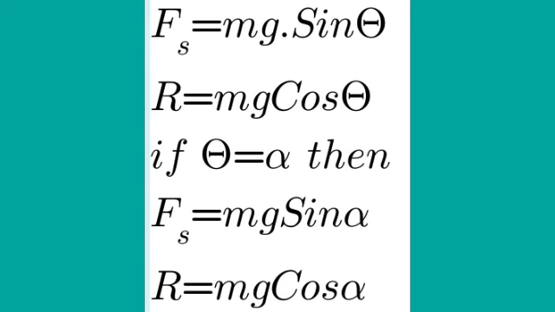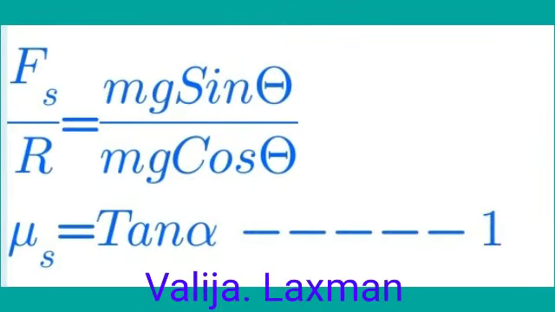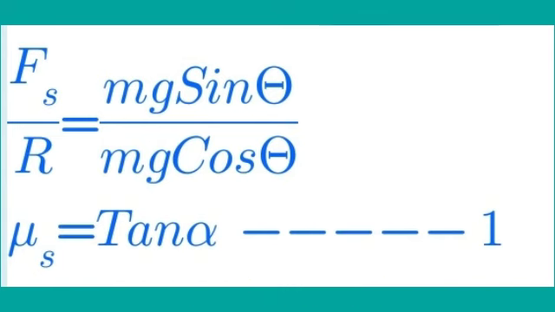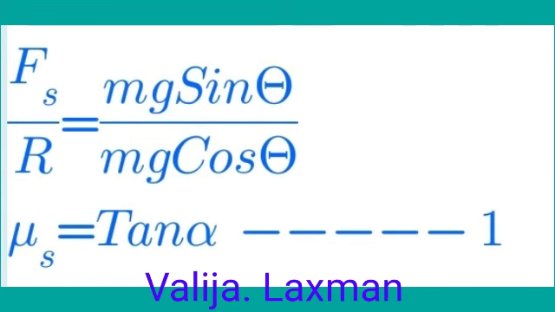When the body is ready to slide on the inclined plane, we write theta equal to alpha. Substituting theta equal to alpha in the above two equations, we get Fs equal to mg sin alpha and R equal to mg cos alpha. Dividing them, we get Fs by R equal to tan alpha. But we already know that Fs by R is equal to mu s, the coefficient of static friction. We take this as equation 1.